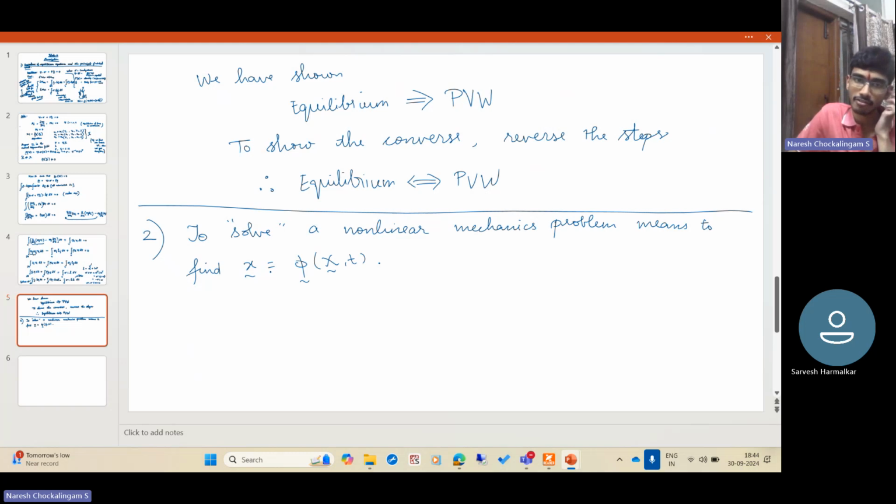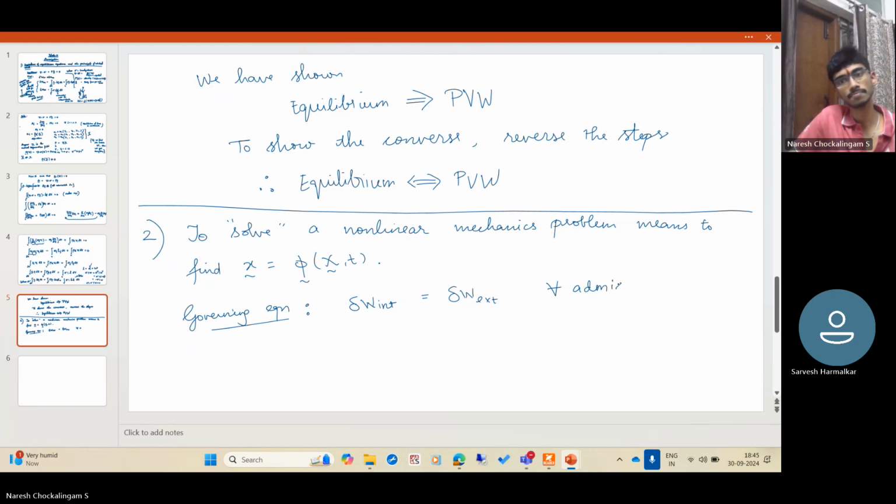But what is the governing equation? The governing equation is the equilibrium equation, or equivalently you can also say it is the virtual work expression: internal virtual work done is equal to external virtual work done for all admissible velocity fields del v.